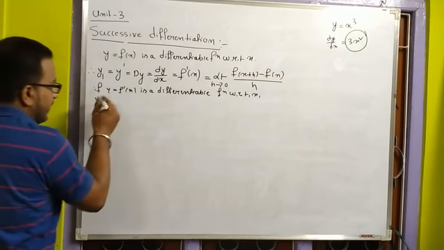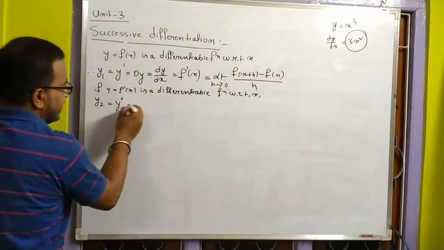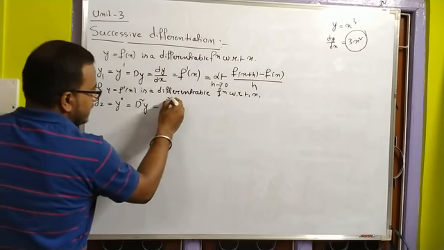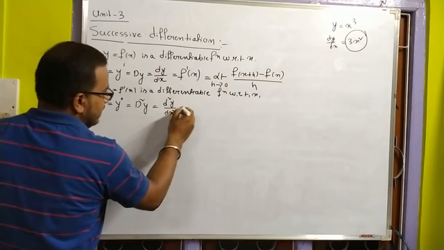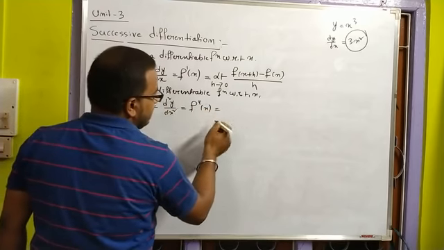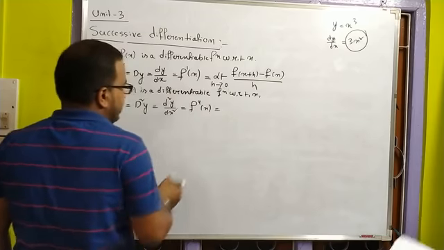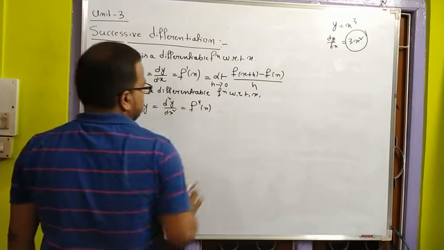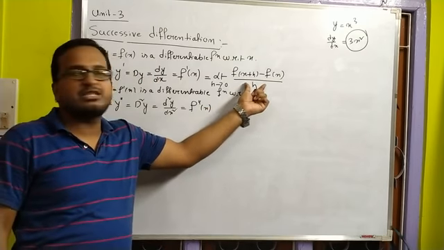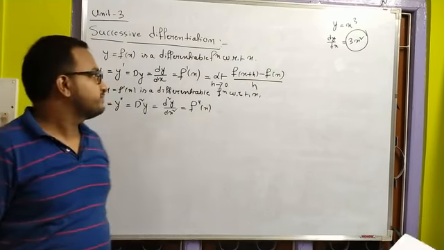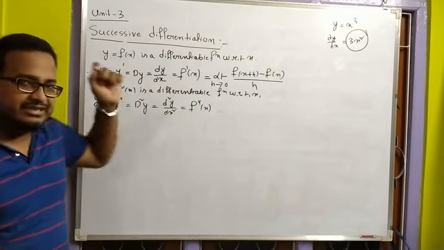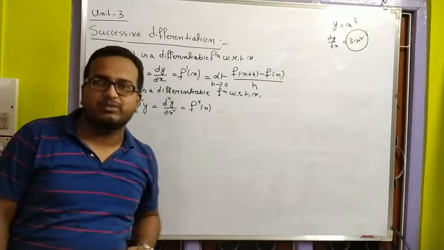So this can be denoted by y2, y double dash, d2y/dx2 (d squared y by dx squared), and f double dash x. This is the way we can denote the second derivative of the given function.